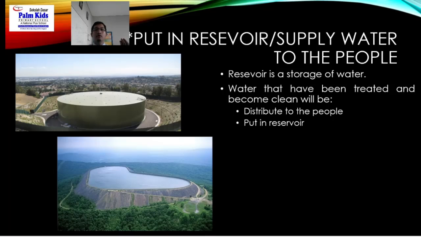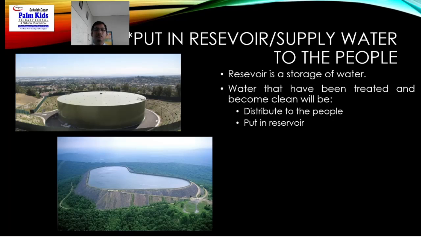Here, a reservoir is actually a storage of water. If you have more water than is needed by the people, the rest of the water will be put in the reservoir to be used at other times. For example, in the summer there is less water because there's less rain.